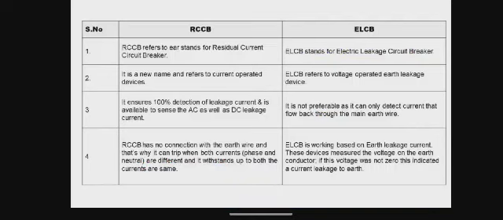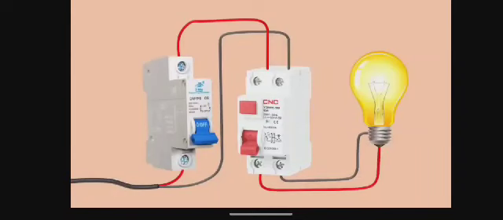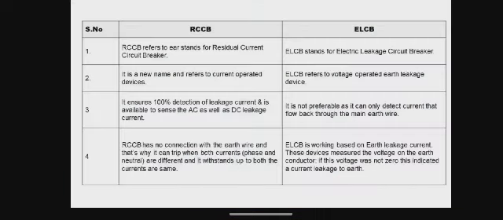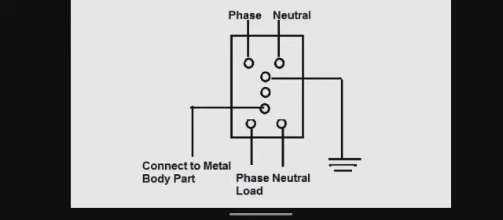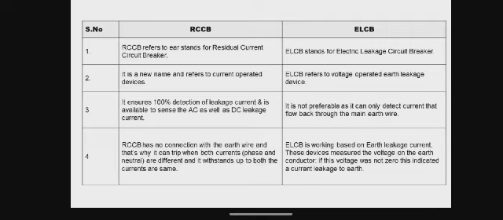First we will talk about RCCB. This RCCB is a device which operates on current. And when we connect an RCCB, we only have to use the phase supply and neutral supply. But this ELCB is a device which operates on voltage. And when we connect an ELCB, we have to connect the phase supply, neutral supply and the earthing wire also. Besides these, there are many differences, but they are not so important.